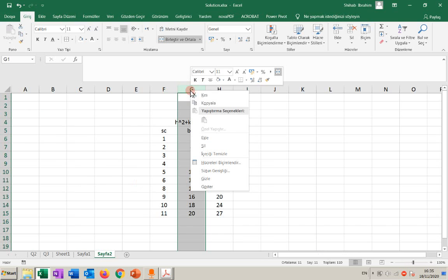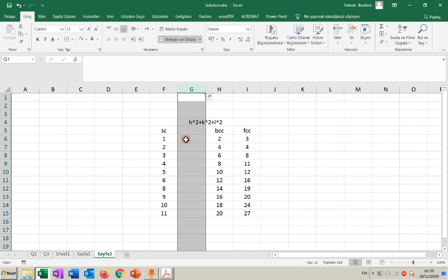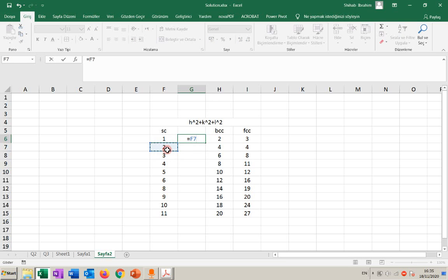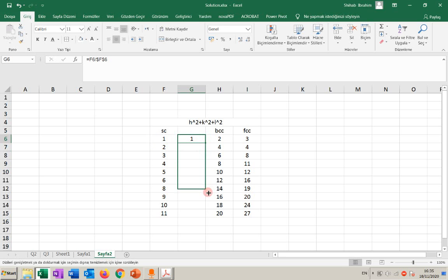Now let's divide them. If I divide everything by the first one, even this one, see this one also divided by itself. Now if I divide everything by the first one, for simple cubic they will be the same.